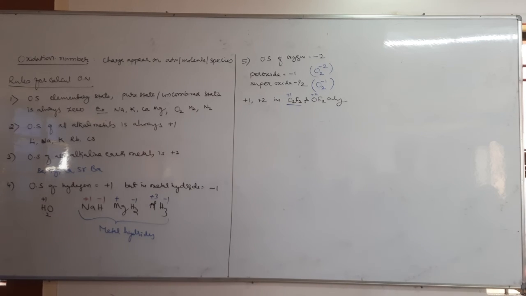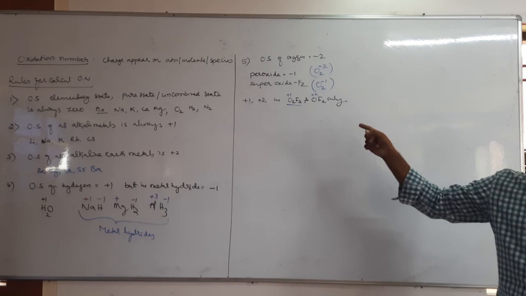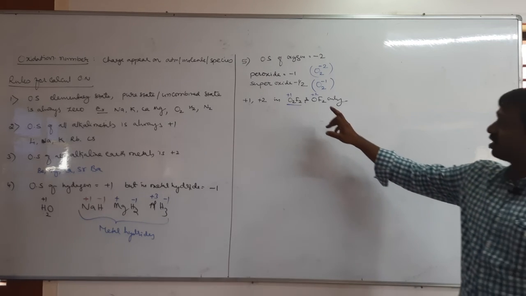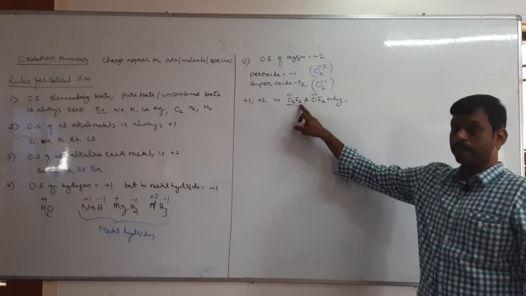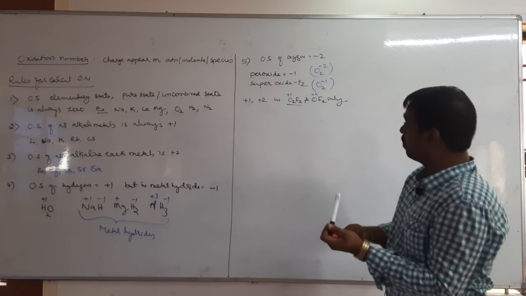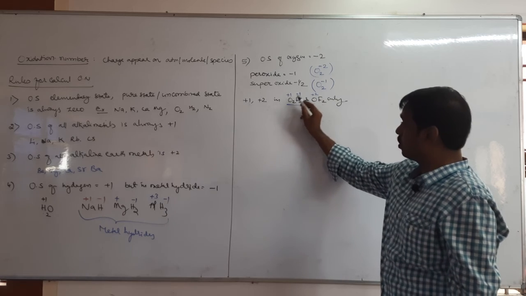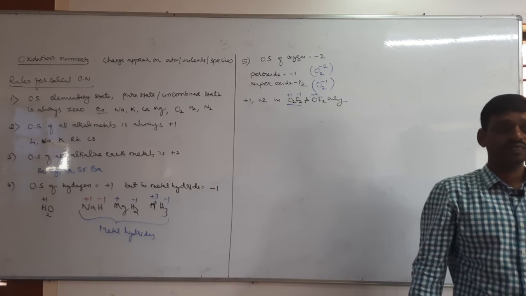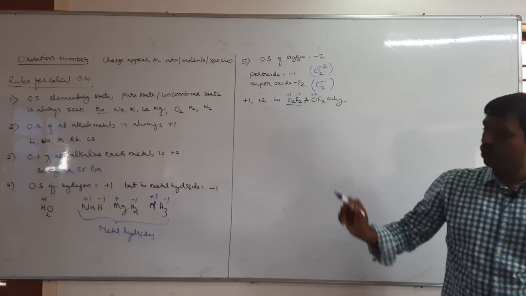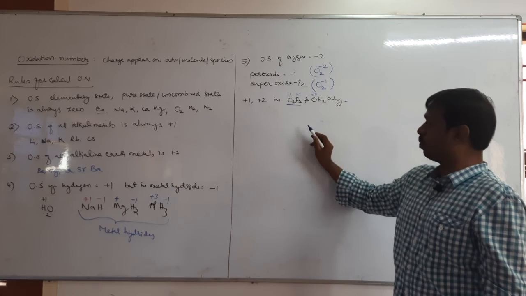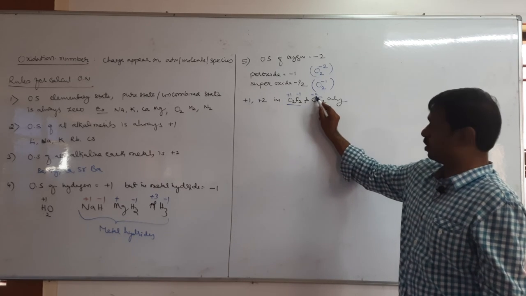But when oxygen is present with fluorine, it is not called oxide, it is called fluoride, because the electronegativity of fluorine is the highest. Since fluorine has the highest electronegativity, fluorine always carries -1 charge. That's why oxygen must carry plus 1.